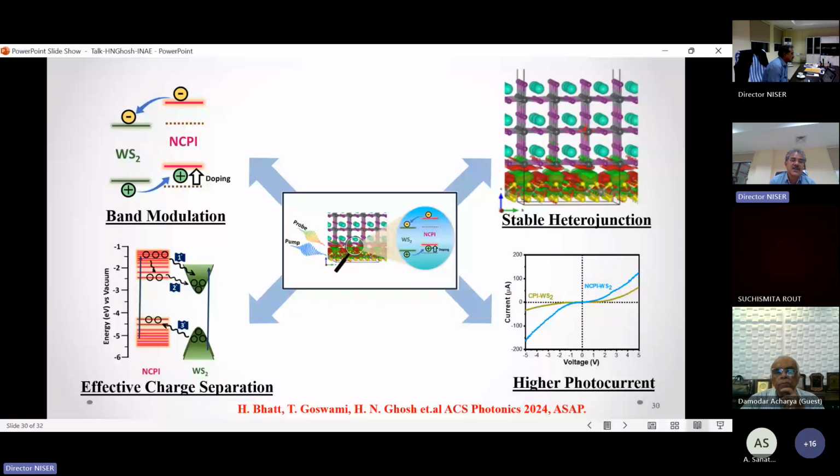And we also talked about the charge transfer process, electron and hole, as shown in the TOC. And then through our density functional calculations, we also mentioned that the heterojunction is extremely stable, and we also monitored higher photocurrent.